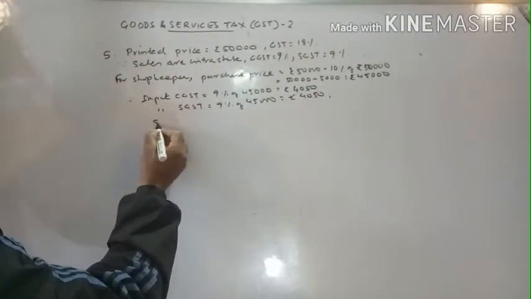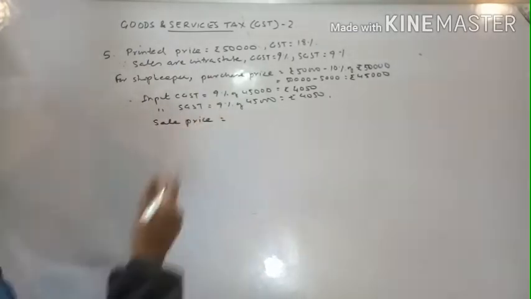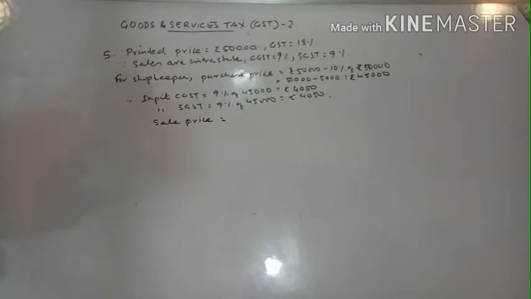Now the sell price, at what price is it sold? Read the question carefully. It says the shopkeeper sells the article to the consumer at 4% above the mark price.